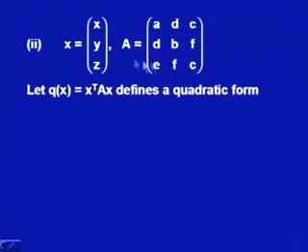In the second example, I have a three-dimensional column vector x and A is this symmetric matrix, with d and d here, c and c here, f and f here. So, it is a quadratic form.